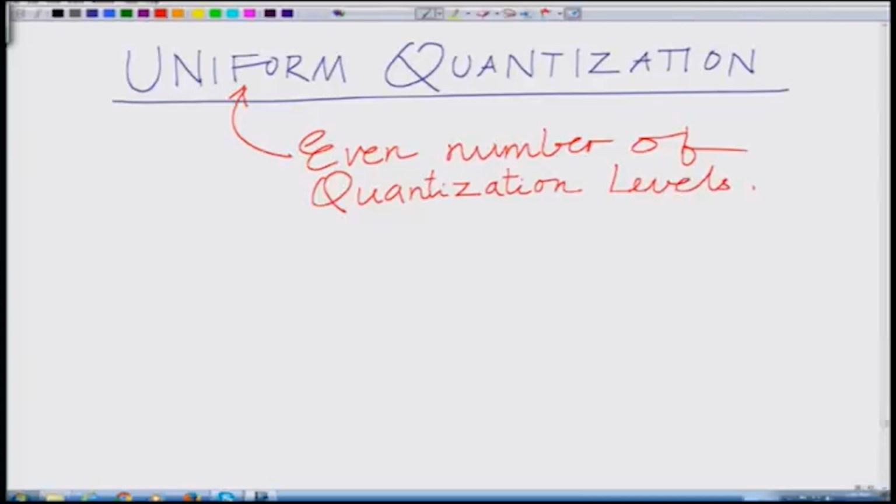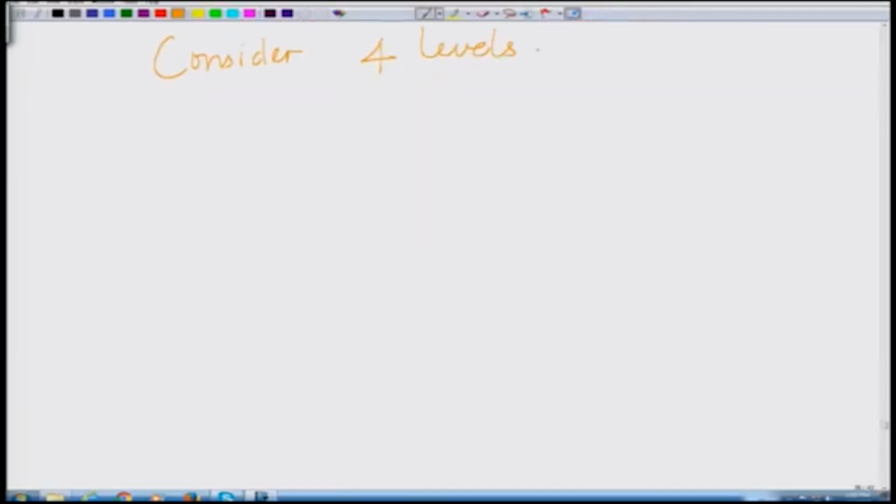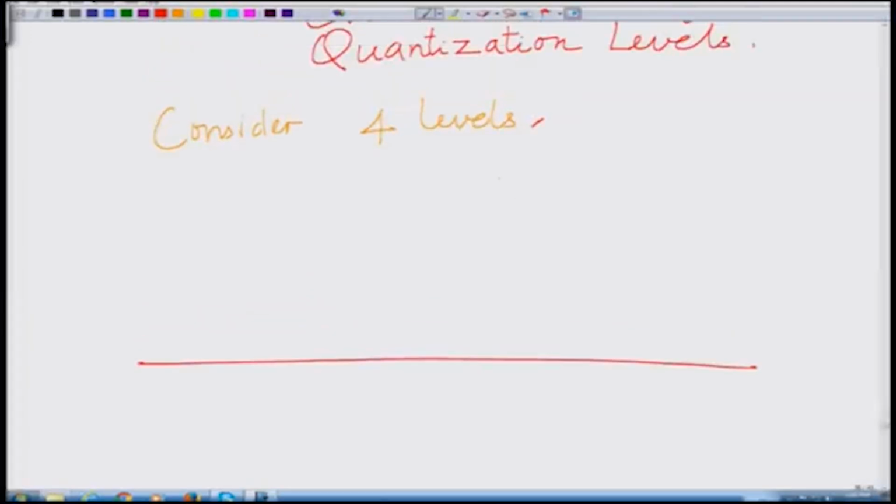Let us say we consider four quantization levels, and a quantization interval of width delta.